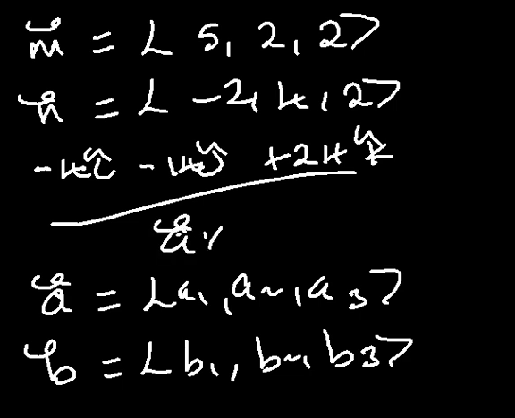The cross product of these two vectors should give us another vector, and let me call it vector C.